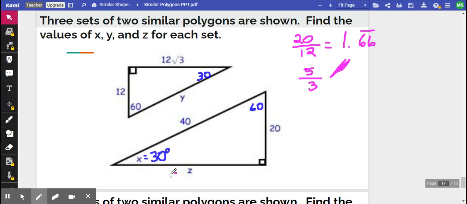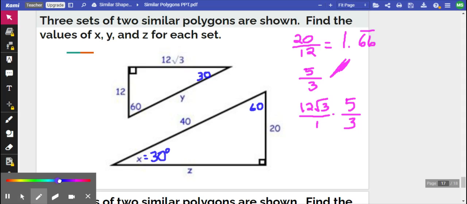If I wanted to get z, I can do 12 root 3, 12 times the square root of 3, multiplied by that 5/3, which I'm going to use. If I have that 3 in the bottom, I can divide this 3 and this 12 by 3. So I would have a 4 right here.